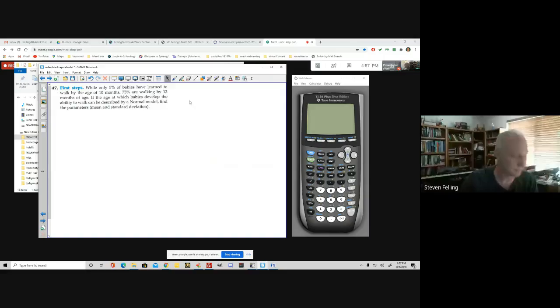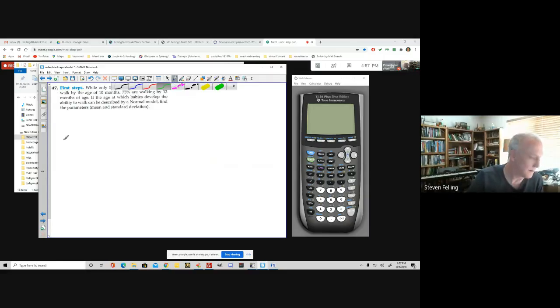All right, so here's the idea. First of all, I'm going to look at what I have been given here. I know that they told me that it's normally distributed, but I don't know the mean, and I don't know the standard deviation. I do know though that 5% of babies walk by 10 months of age.